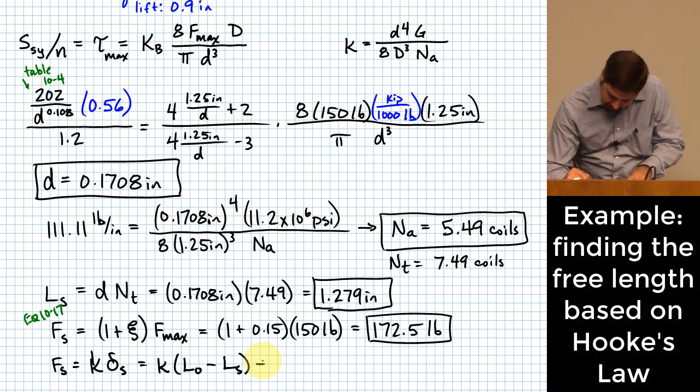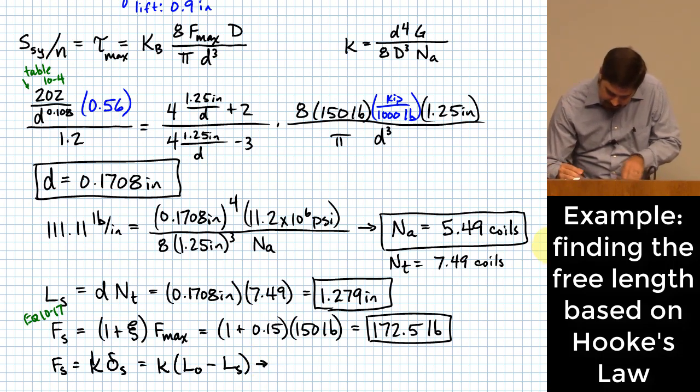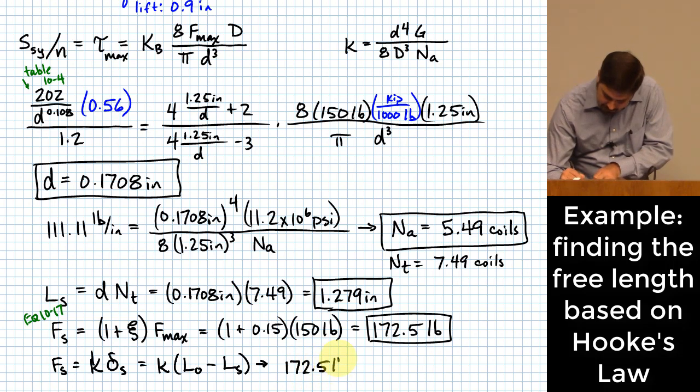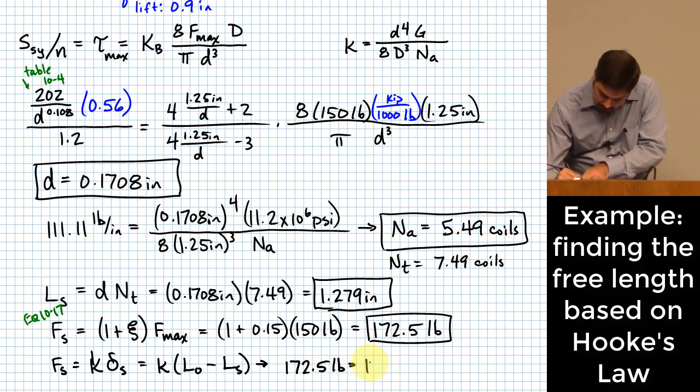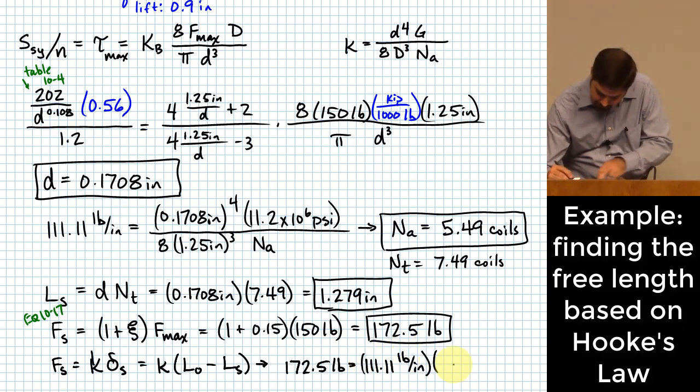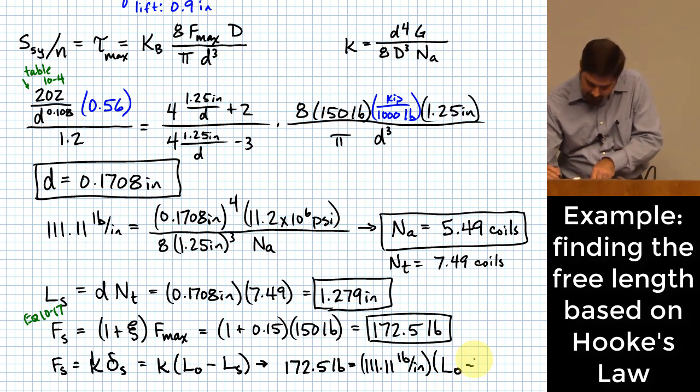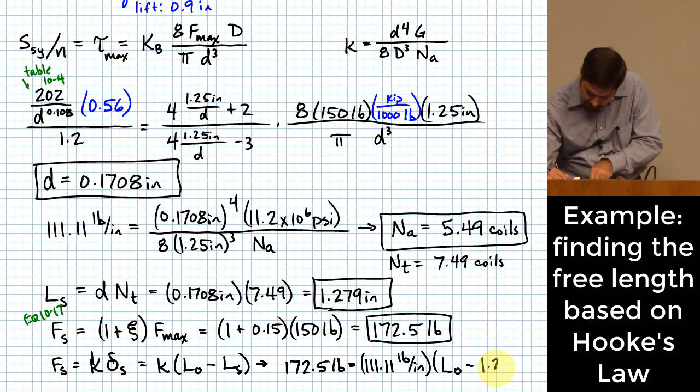Okay, and so if we actually punch in the values here, this tells us that 172.5 pounds is equal to 111.11 pound per inch times free length minus solid length, and solid length was 1.279 inches.